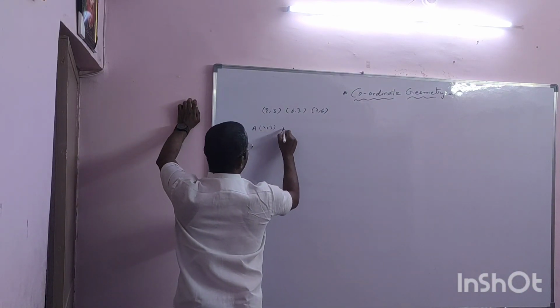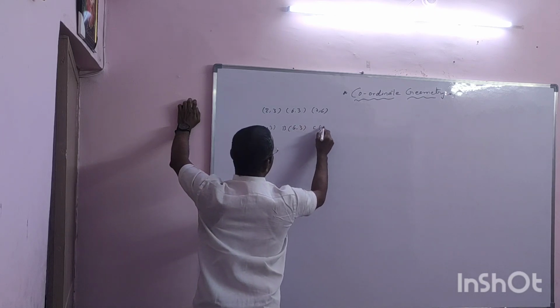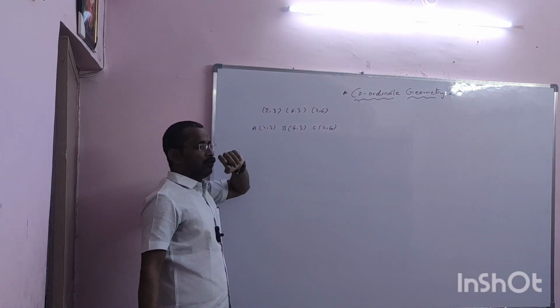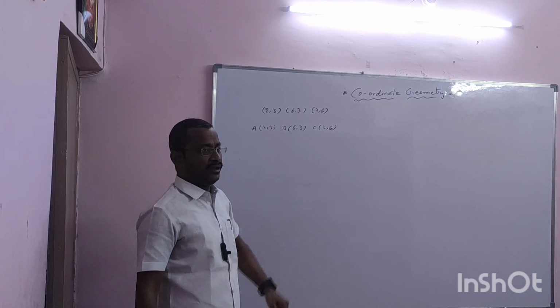A of 2, 3, B of 6, 3, C of 2, 6. Whenever you want to use Heron's formula, compulsorily the square root values should be integers.